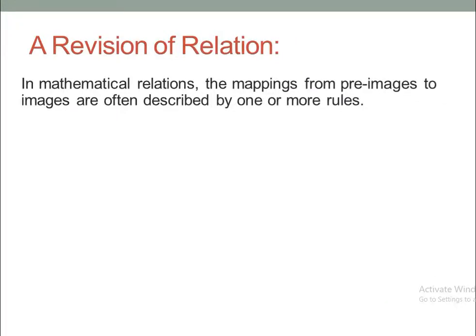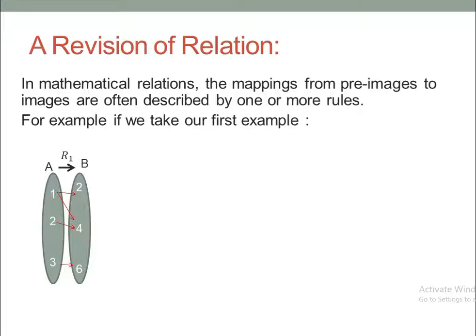In mathematical relations, the mapping from pre-images to images is often described by one or more rules. For example, if we take our first example, R1 is a relation from A to B. So R1 is (1, 2), (1, 4), (2, 4) and (3, 6).